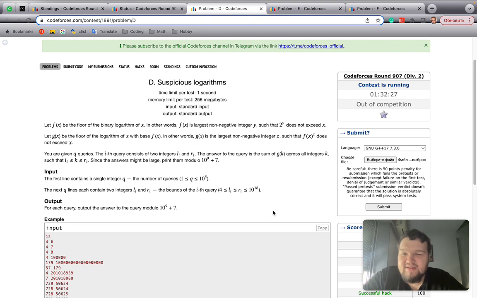Let g of x be the floor of the logarithm of x with base f of x. You're given q queries, and you need to find the sum of this function g on a segment of numbers, and the numbers are big.